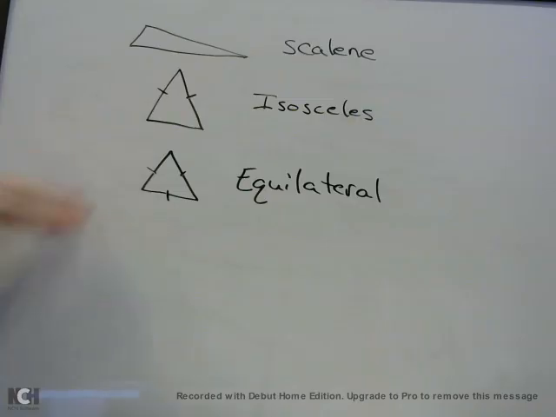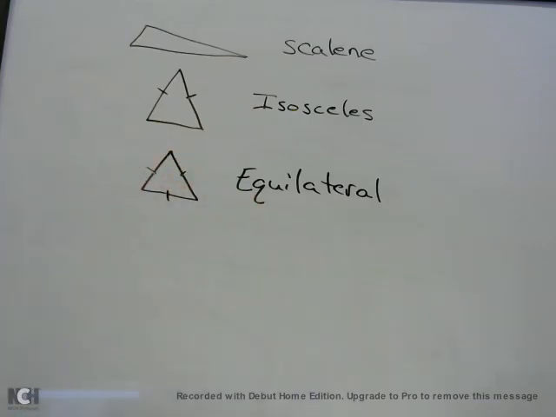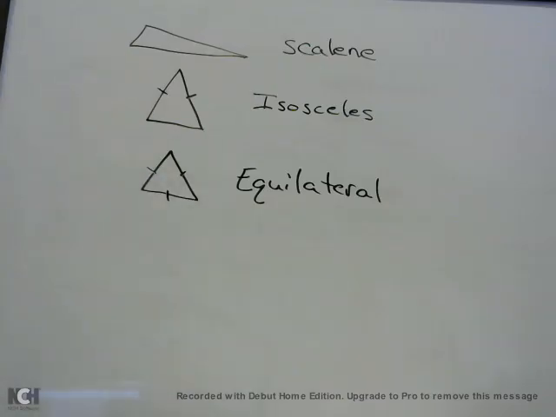They'll go on and ask you something further, maybe about perimeter or something. So you'll need to know that, okay, it's an equilateral. If one side has length 8, then all the sides have length 8. So all sides are equal. So these are important to know, especially isosceles and equilateral.